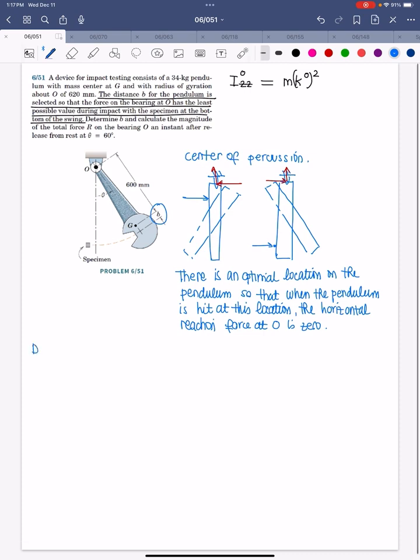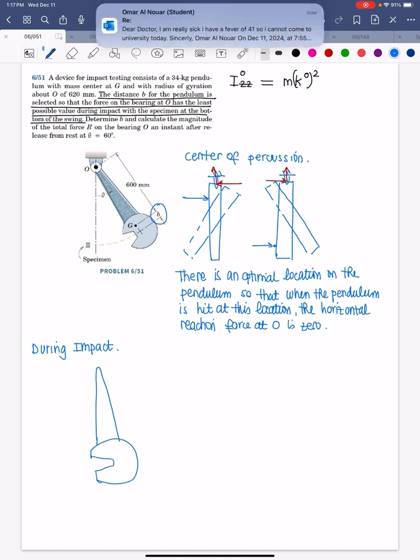During impact, if I want to draw the free body diagram, this is how my system looks, and the point G is here.